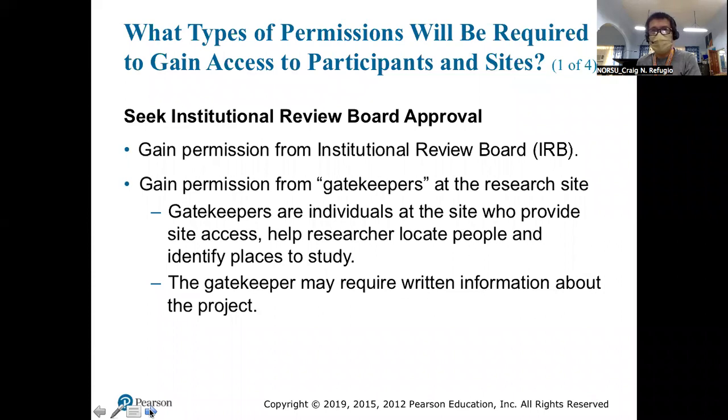So IRB, Institutional Review Board. And the focus of the IRB is on the ethical standards, the ethical considerations that you are going to follow in conducting the entire research process. So at NORSU, we have that.